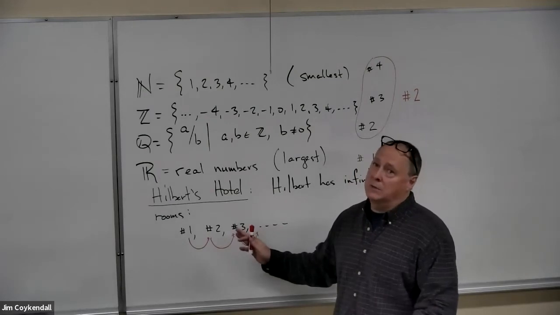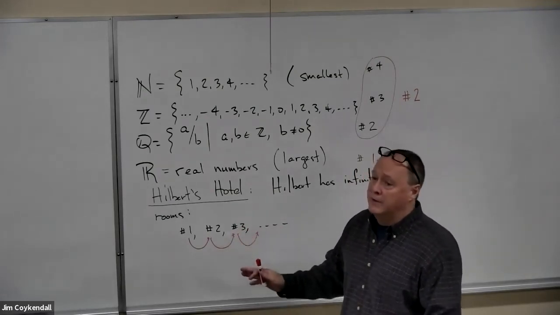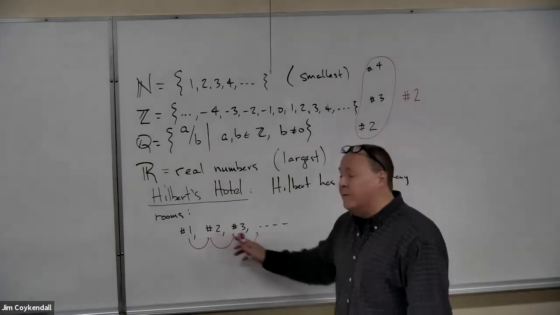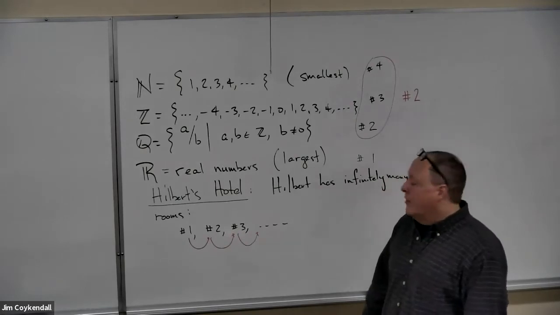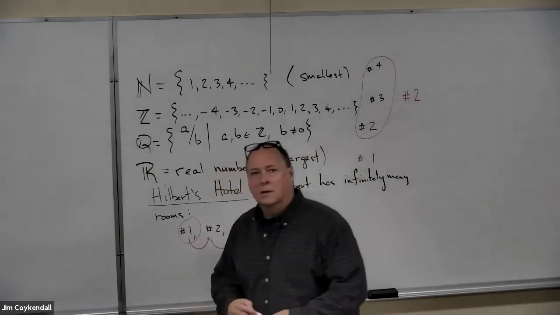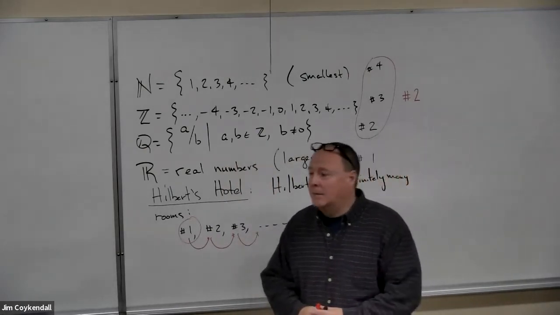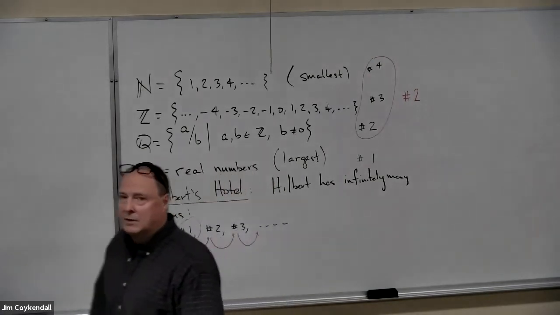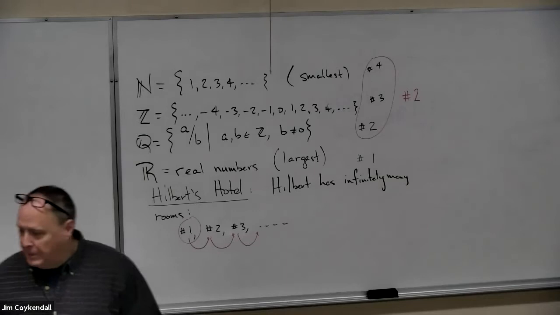Don't try this with a hotel with 200 rooms. It's not going to work for you because whoever's in room 200, it's the shack. But we have infinitely many rooms, and so everybody can move down. This frees up room number 1, and all of a sudden, you've got accommodations for one more guest, even though the original sign said no vacancy.